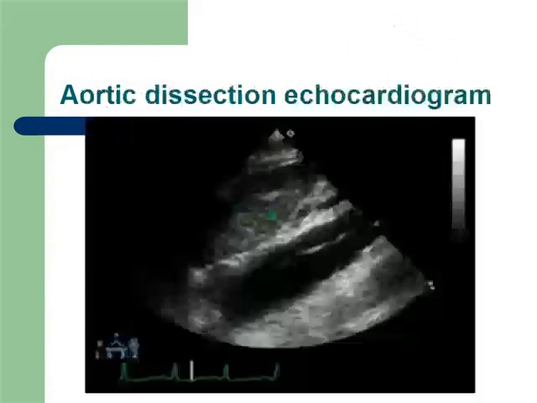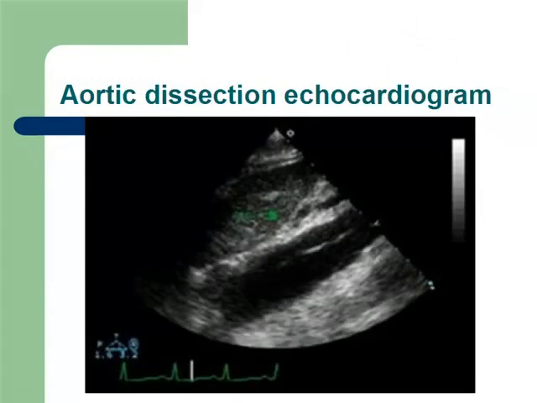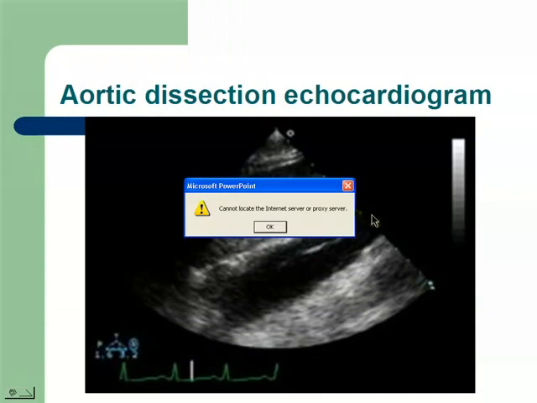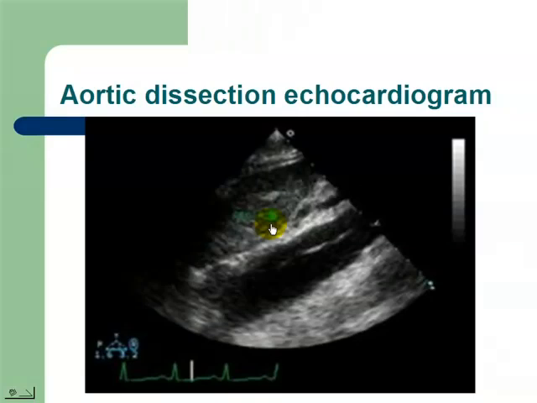A dissecting aneurysm, remember, was when two layers of the artery would divide. And if you look closely, you can see that you have a division right here. That shows right there the split in the arterial wall.